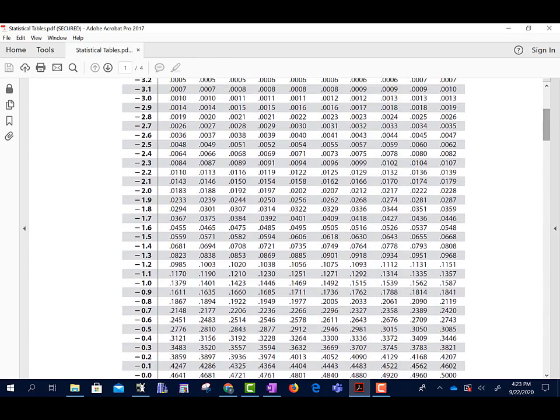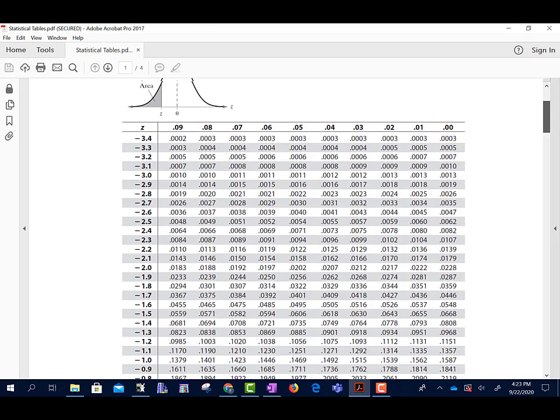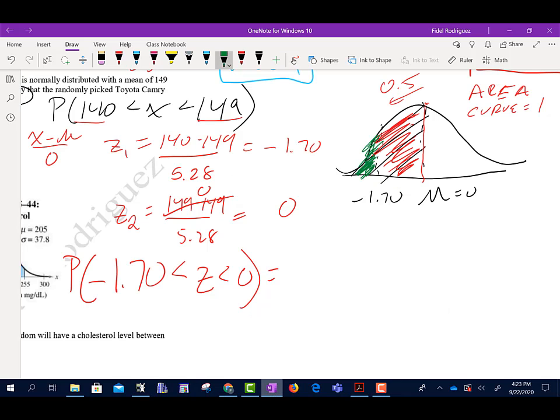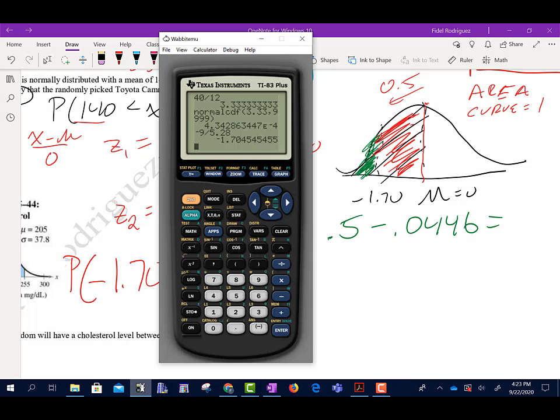Let's see, where are we? Here we go. Where's the 0? Okay, it's the last one on the right. So negative 1.70 would be this number right here, 0.0446. So we're going to take 0.5 minus 0.0446. Okay. So 0.5 minus 0.0446, and coming up with 0.4554.